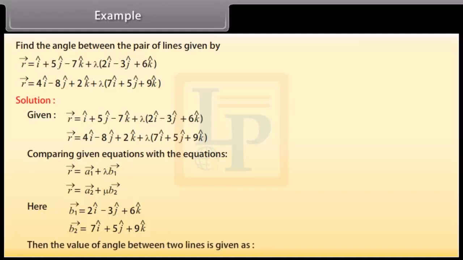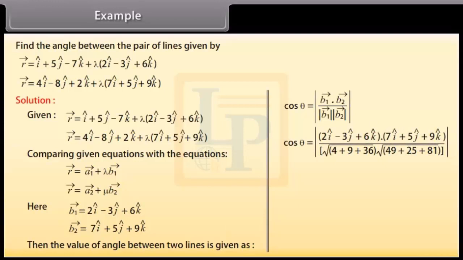Then the angle between two lines is given as cos theta equals modulus of vector b1 dot vector b2 by modulus of vector b1 into modulus of vector b2. Cos theta equals modulus of dot product of (2 cap i minus 3 cap j plus 6 cap k) and (7 cap i plus 5 cap j plus 9 cap k) divided by square root of (4 plus 9 plus 36) into square root of (49 plus 25 plus 81).